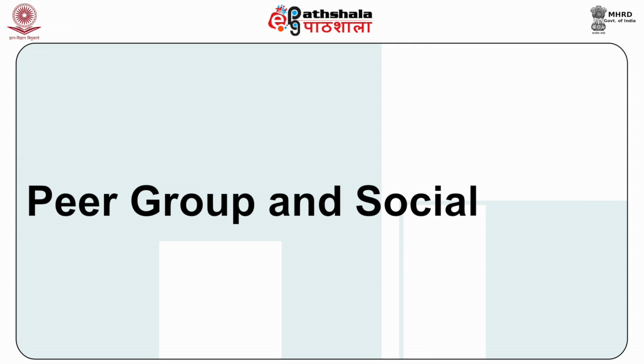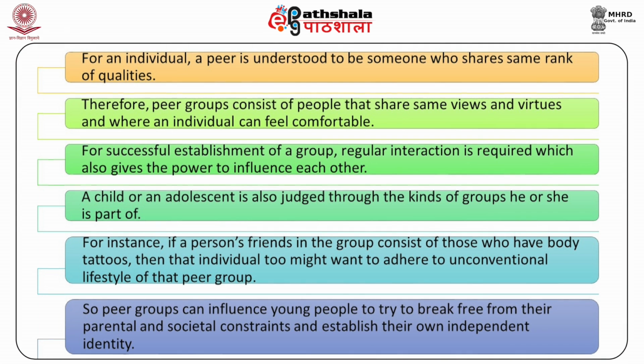Peer group and socialization. For an individual, a peer is understood to be someone who shares the same rank of qualities. Therefore, peer groups consist of people that share some views and virtues where an individual can feel comfortable. For successful establishment of a group, regular interaction is required, which also gives the power to influence each other.